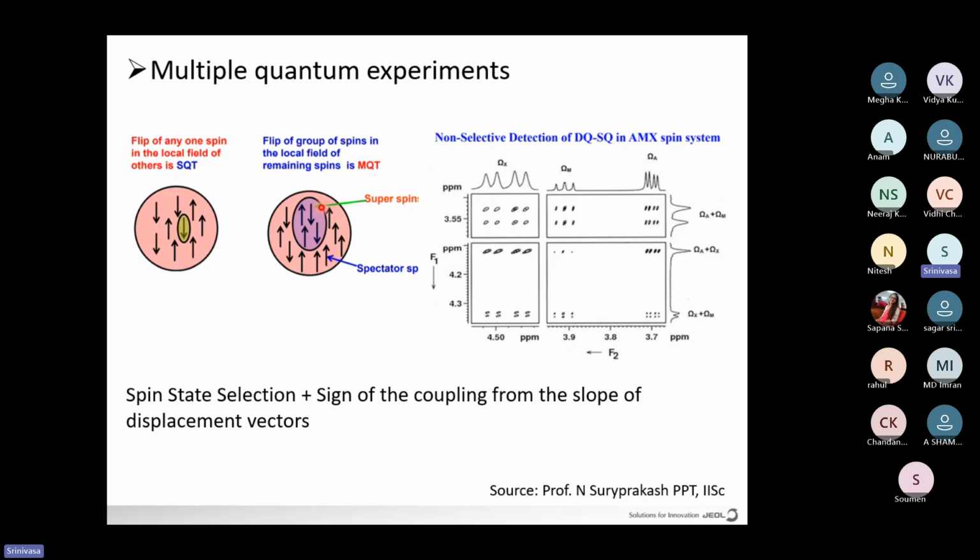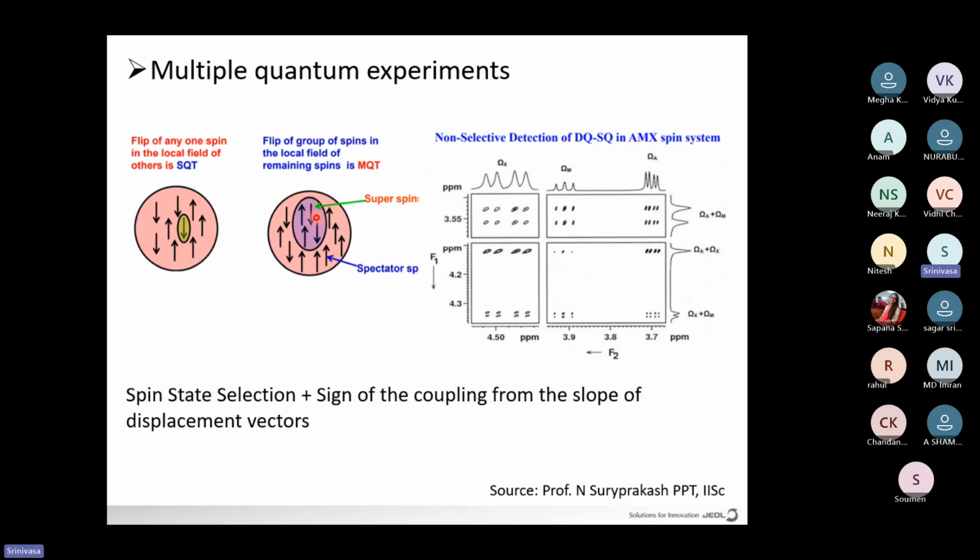Extracting that information is called multiple quantum, and this kind of information cannot be obtained in the direct dimension. It has to go to the indirect dimension. This kind of experiment is very useful when you have multiple ring systems, like quinolines or anthracenes, two-ring or three-ring systems.